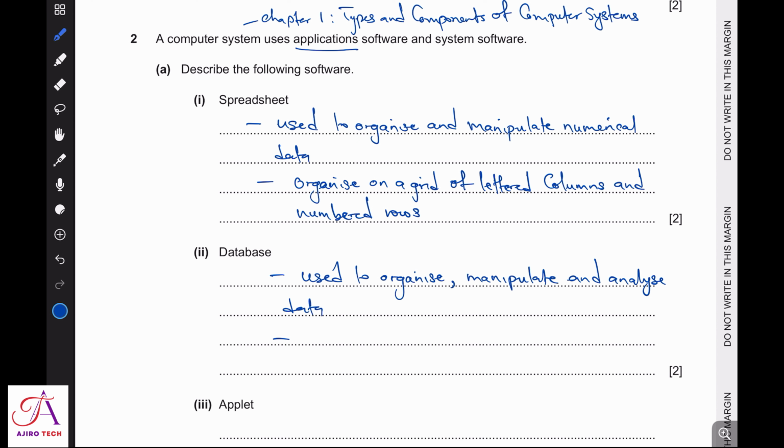Now we know that we can organize, manipulate, and analyze data. And we know that a typical database is made up of what? One or more tables. So we can say it is made up of one or more tables.